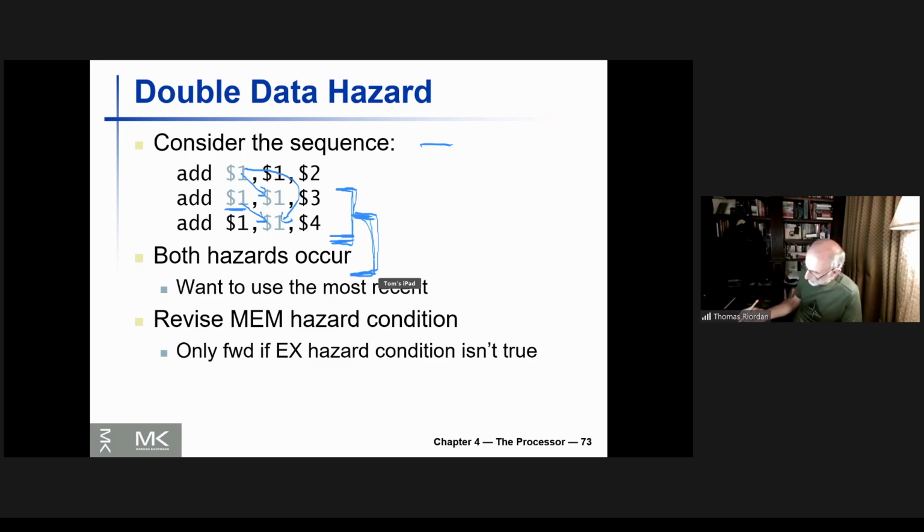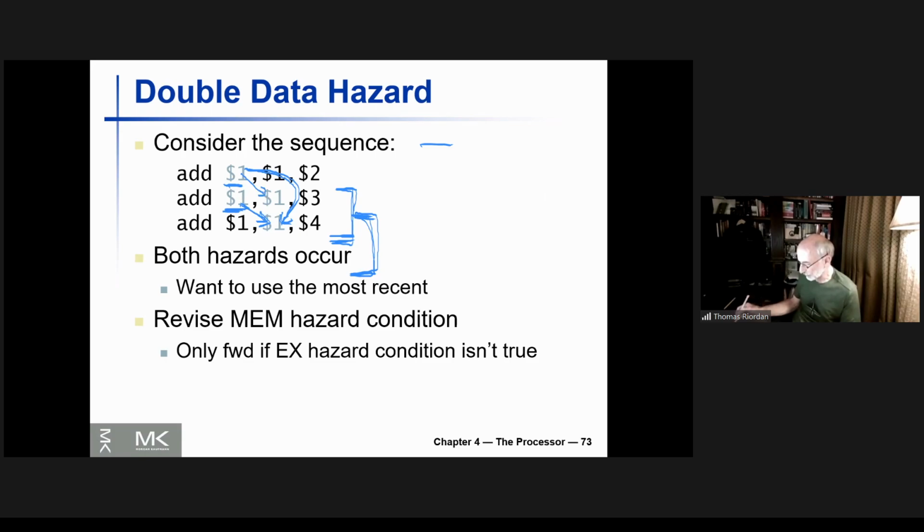And so all those bypasses would occur. But you can see immediately there's a problem with this picture. It shows a bypass from here to here and a bypass from here to here. And so clearly we don't want those both to happen because this value and this value aren't the same.